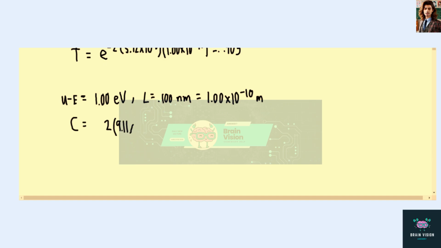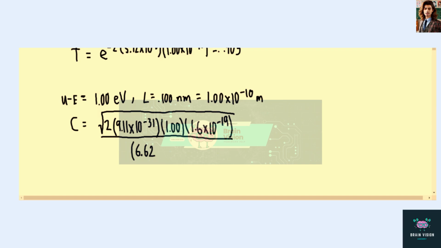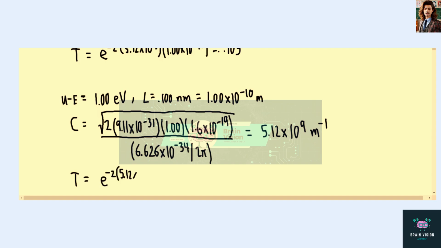So C is obtained the same way as before, and we get 5.12 times 10 to the 9 inverse meters. Then we substitute in for the transmission coefficient the values for C and L, and we have e to the minus 2CL is equal to 0.359.